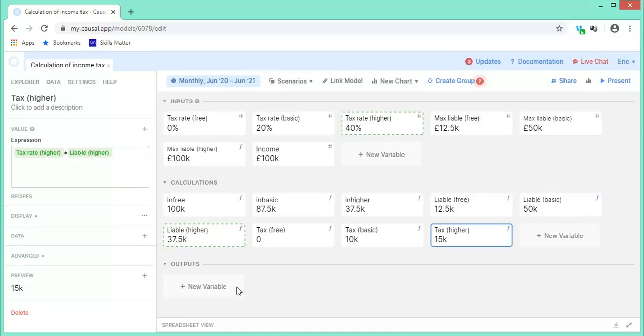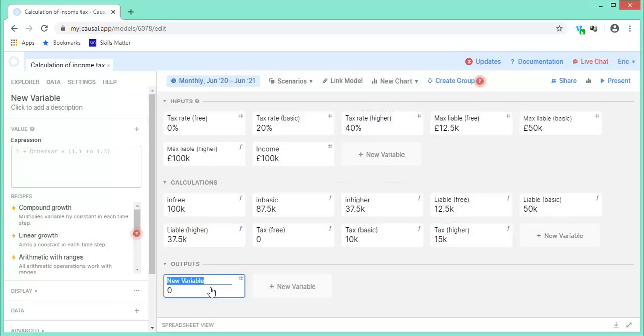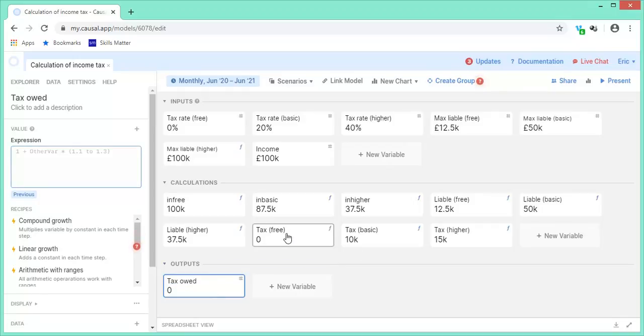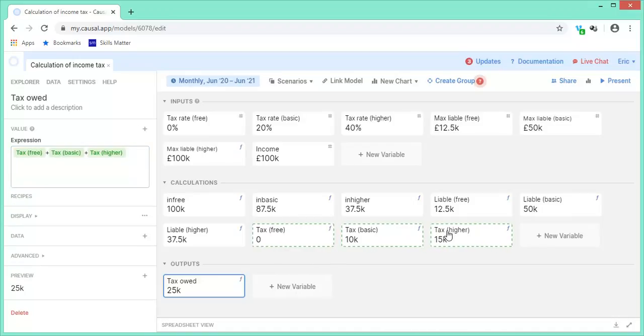What's that? And so finally, we can calculate the tax owed, total tax owed, which is tax free plus tax basic plus tax higher. It's 25,000.